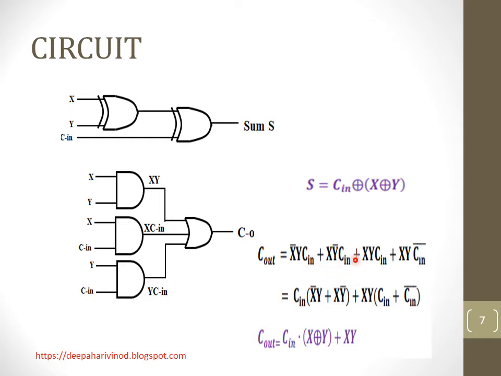Cin is common and xy is common here. Taking Cin common, the remaining is x bar y plus x y bar, so it becomes Cin into x XOR y. And here xy is common, Cin plus Cin bar, a plus a bar equals 1, so plus xy will be the output equation of Cout when we take it directly from the truth table.